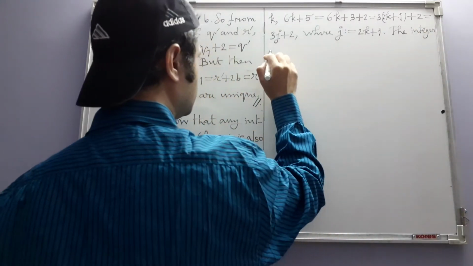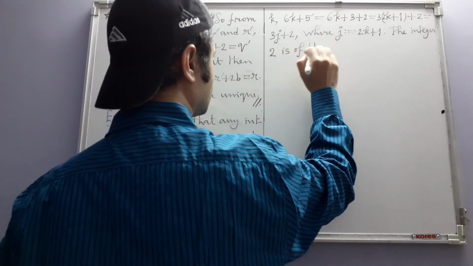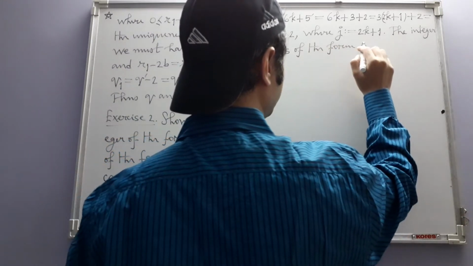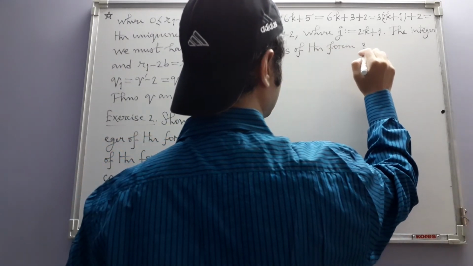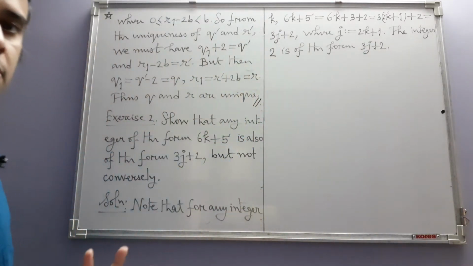The integer 2 is of the form 3j plus 2 for the choice j equal to 0.